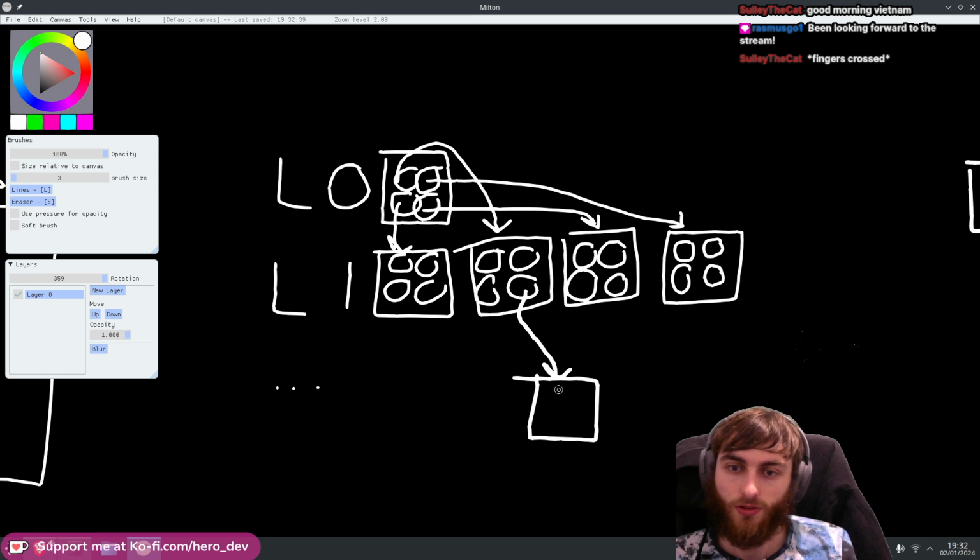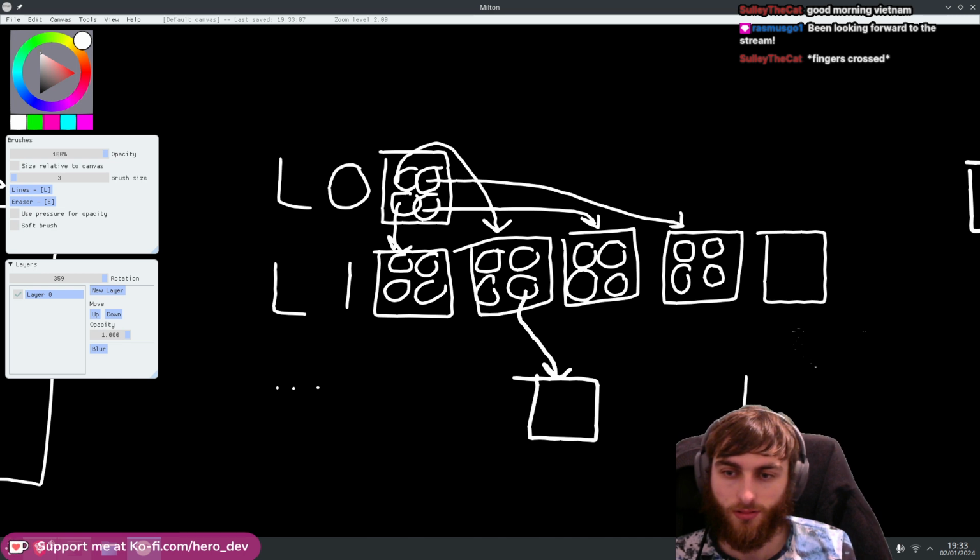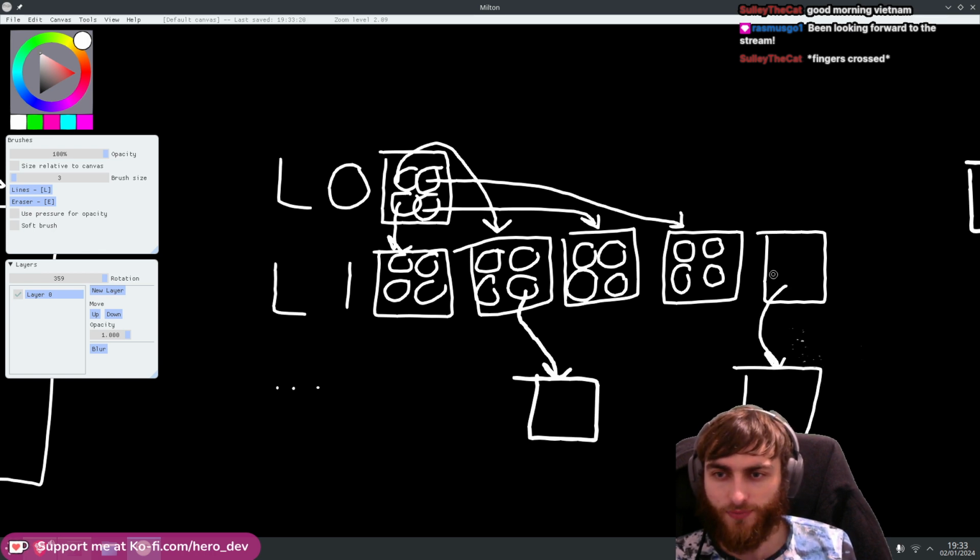Technically there could be more clusters here, probably up to 8 clusters. So this is LOD2. You might not have a sphere here, but it will already point to another.